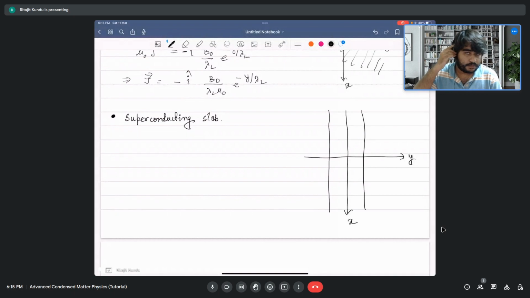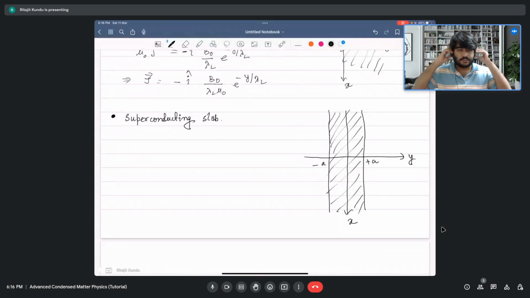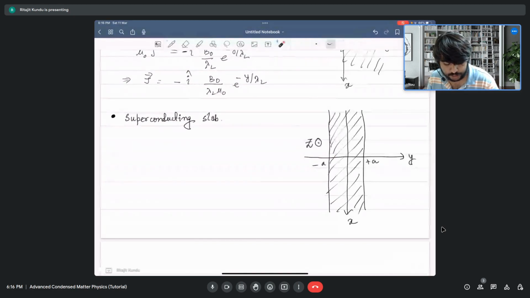These are given by plus a and minus a, and in between is the superconductor. The thickness is 2a. In the x direction it is infinite, and in the z direction also it is infinite. So we have just introduced a new surface for this case.